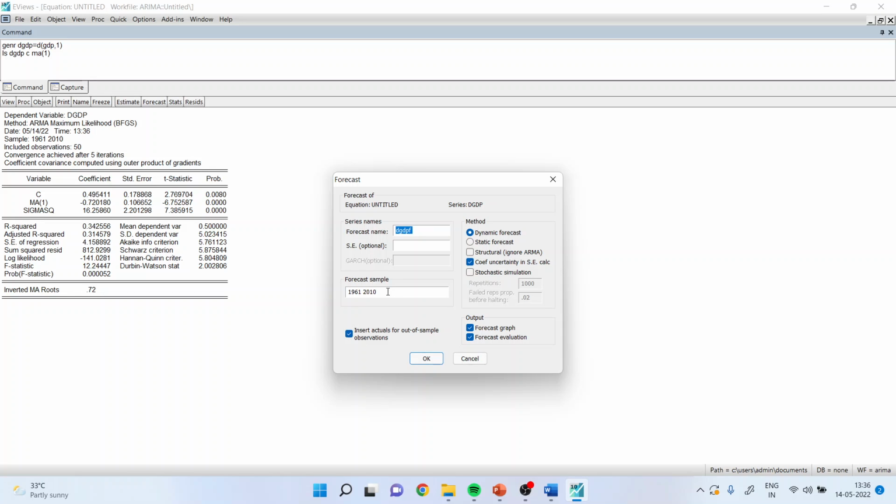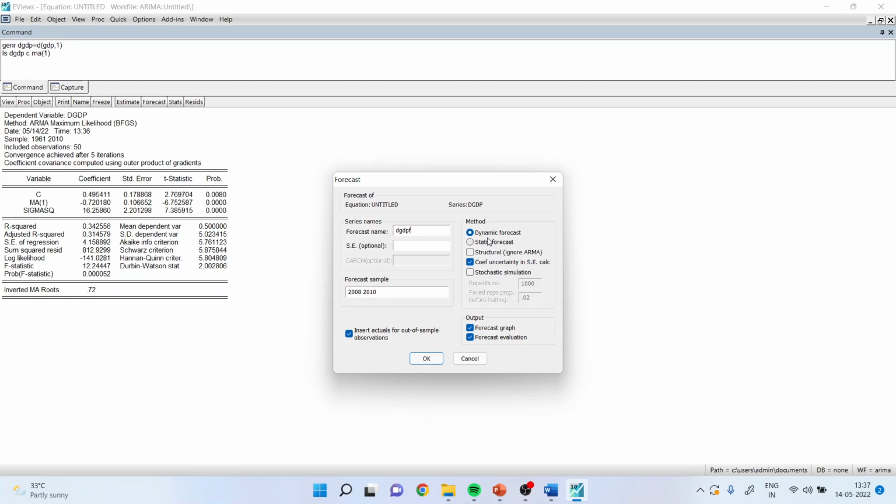Now I will give the command to predict for at least the last 2 years, to see whether our model is able to fit the observed values correctly or not. So 2008 to 2010, I'll change it and I'll specify to make the new series as DGDPF. Keep dynamic forecast. What is dynamic and static forecast?